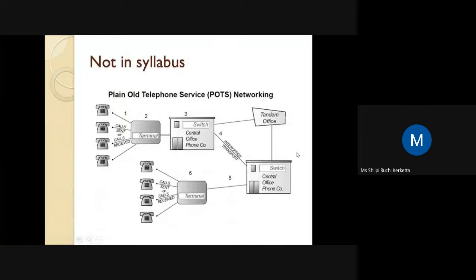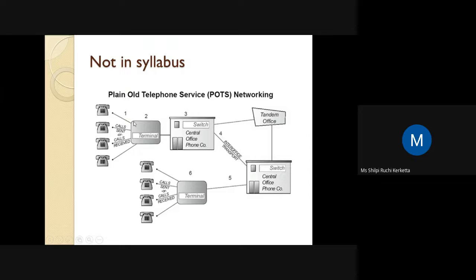So what is a multiplexer? Like, if you have a phone at your home, and this is the phone of your neighbors, you don't connect your phone cable to your neighbor's phone and to other phones. And if a person is in a different city, you don't directly connect one phone to the other phone.